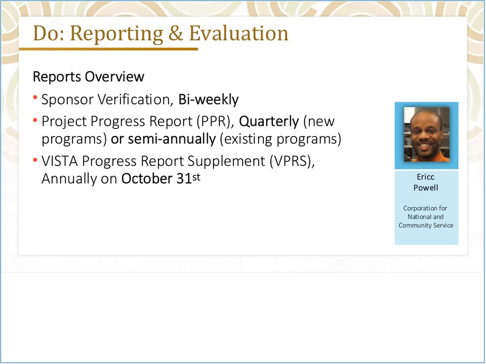Please note that although this is the standard for the VISTA program in terms of when these reports are due, your project director may ask you for information monthly or more frequently at their discretion. This report contains information on VISTA member activities, resource development, analysis of accomplishments and progress, and more.